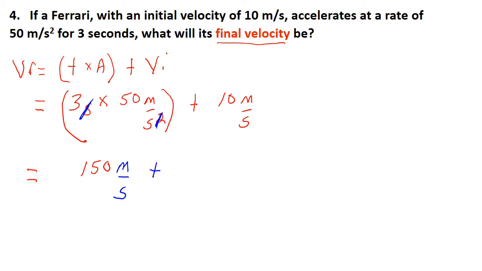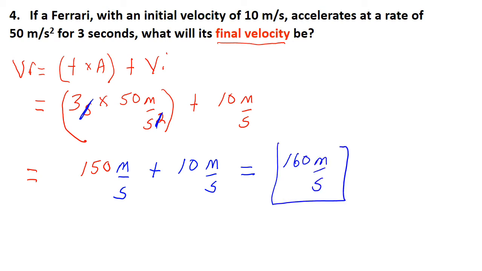And we have the other plus 10 more meters per second, which would give me a grand total of 160 meters per second. So my final velocity would go from 10 meters per second, after 3 seconds of that acceleration, the Ferrari would go to 160 meters per second.